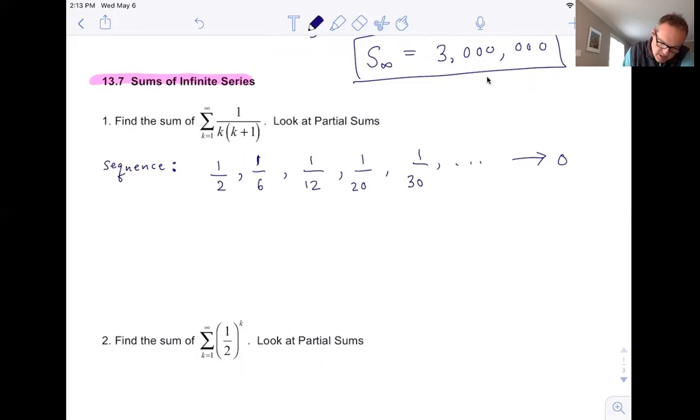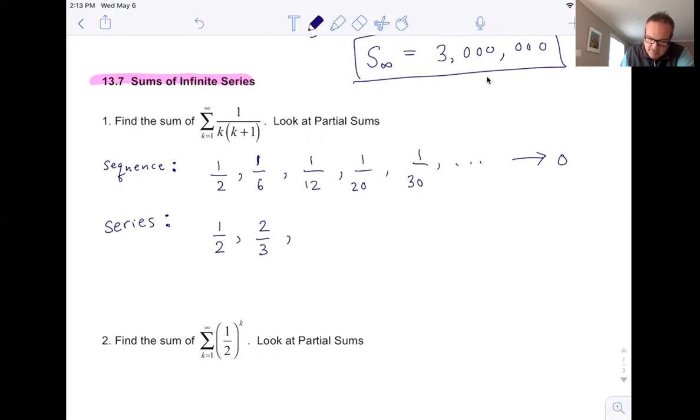Now I want to look at the series. Now the series is, hey, what happens when I add these up? So if I add up the first term, it's a half. If I add up the first 2 terms, it's 1/2 plus 1/6, which is 4/6, which would be 2/3.